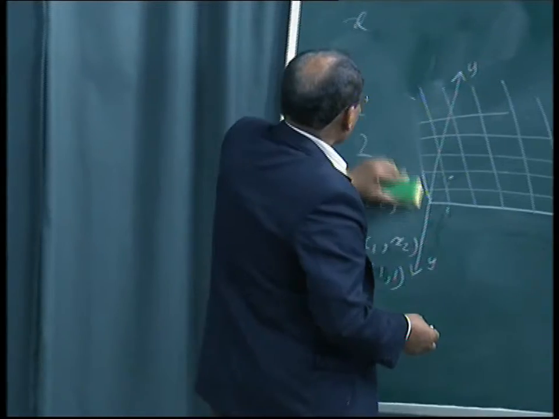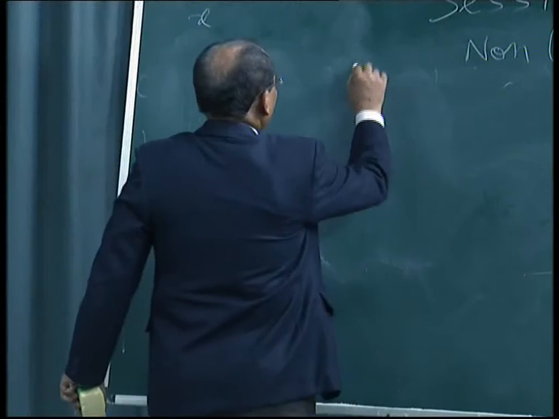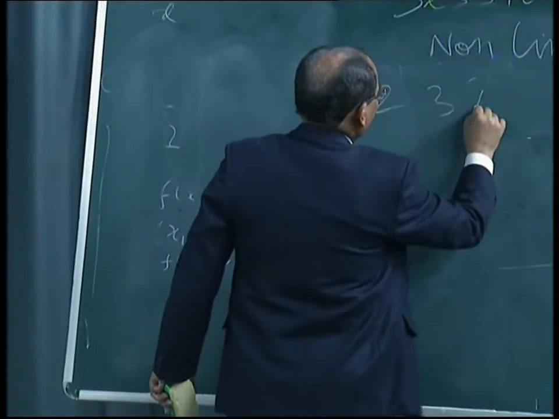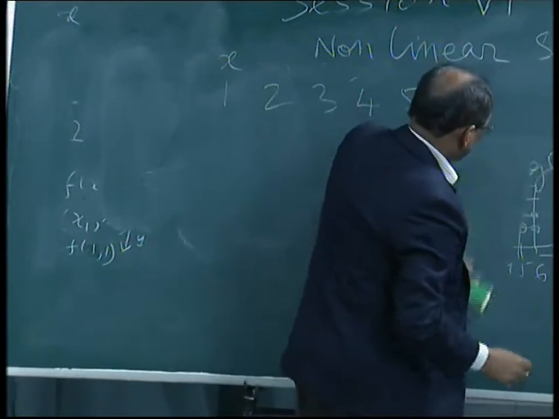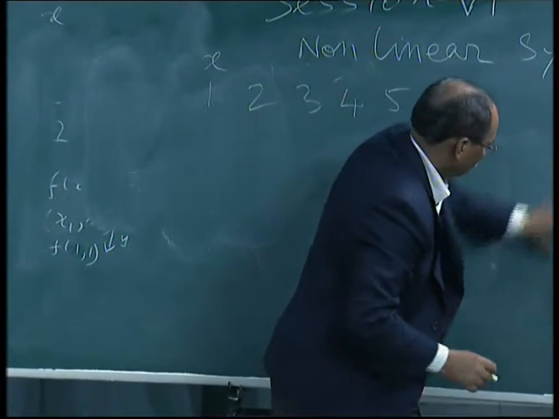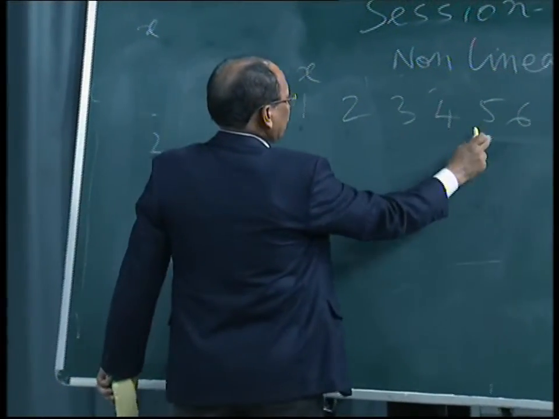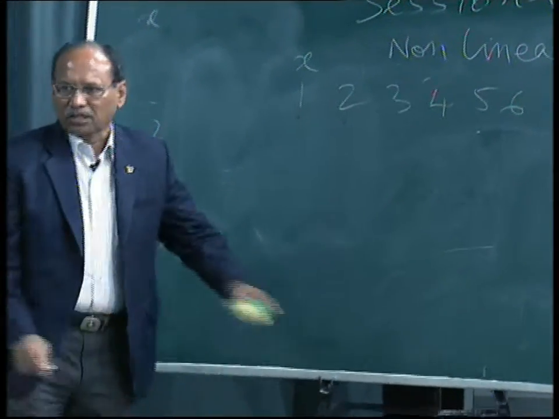I will just briefly do that. You just take x in one cell as 1, 2, 3, 4, 5, 6. You just put these numbers: cell 1, cell 2, cell 3, cell 4, cell 5, cell 6. So, 6 cells. Okay? You put it like that.